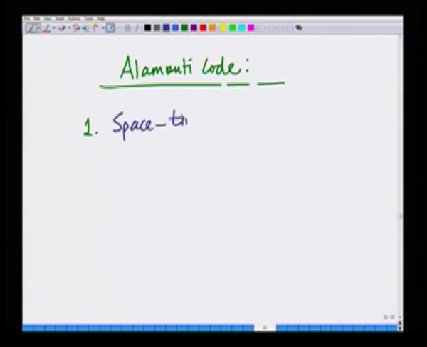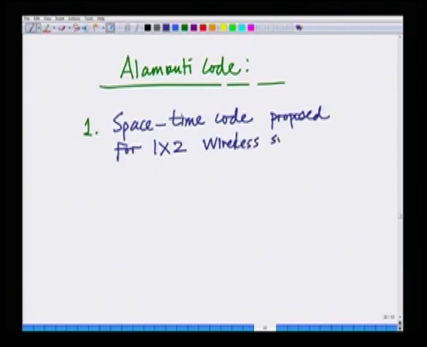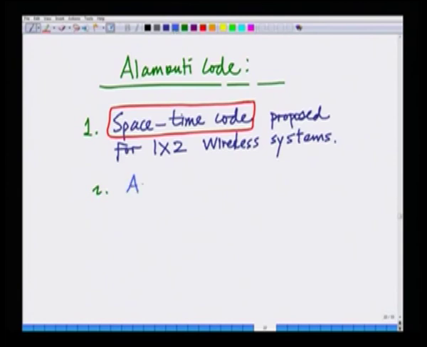It is a space time code proposed for 1x2, or single receive antenna, 2 transmit antenna, wireless systems. In fact, it is a space time block code, as we are going to look at later, and it achieves a diversity order of 2.